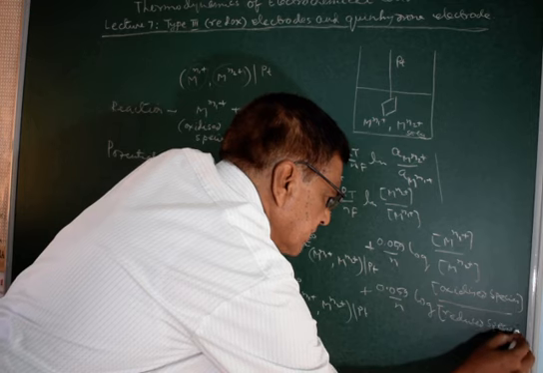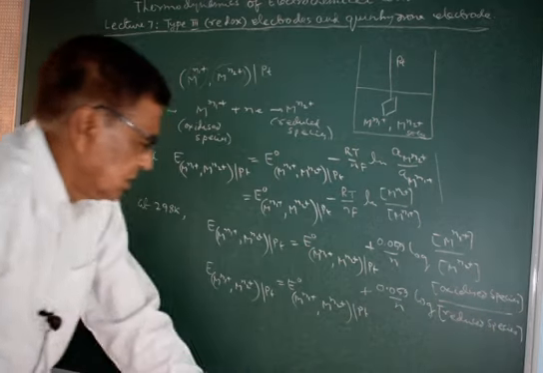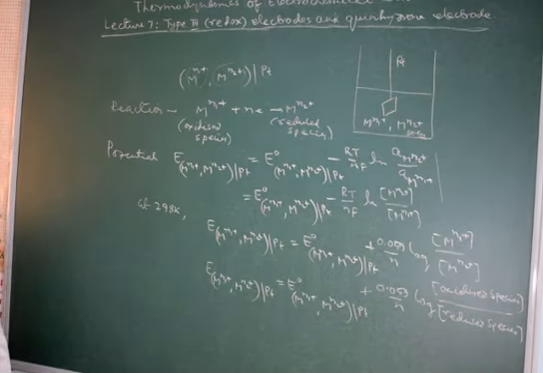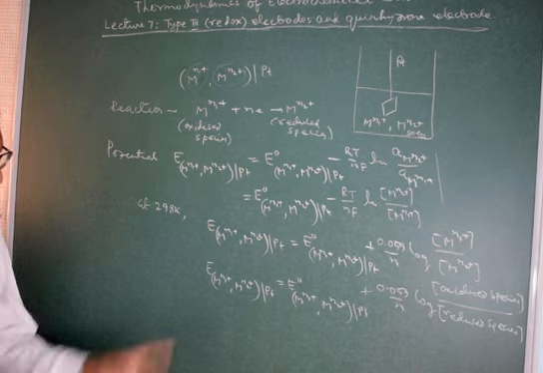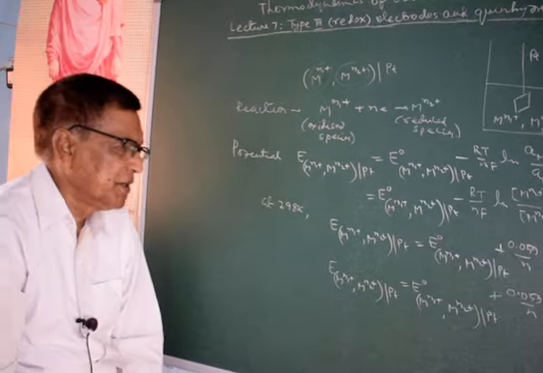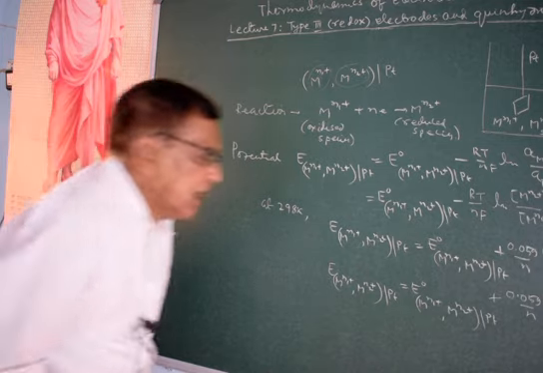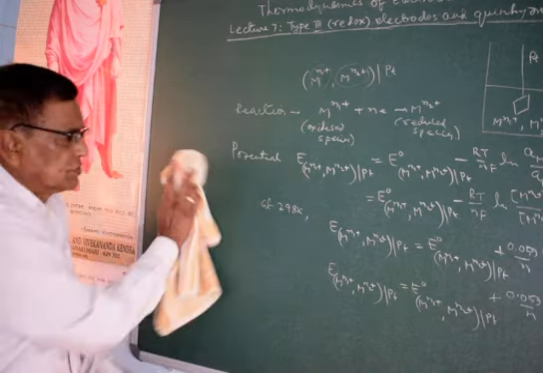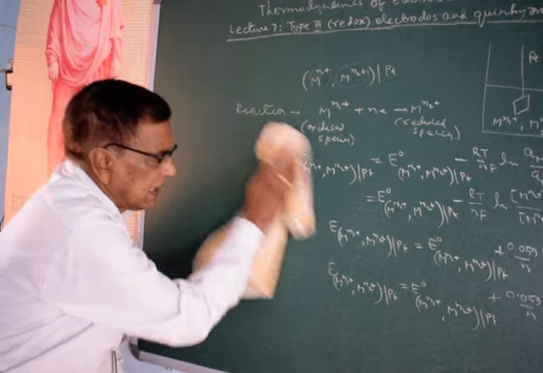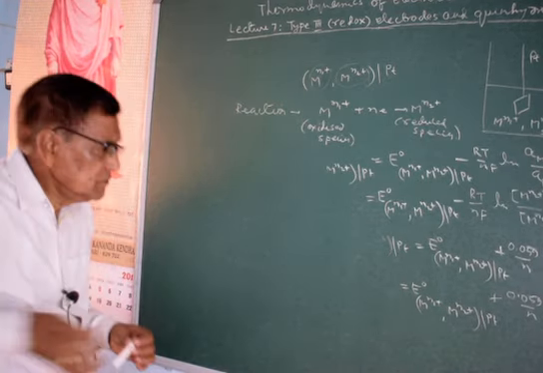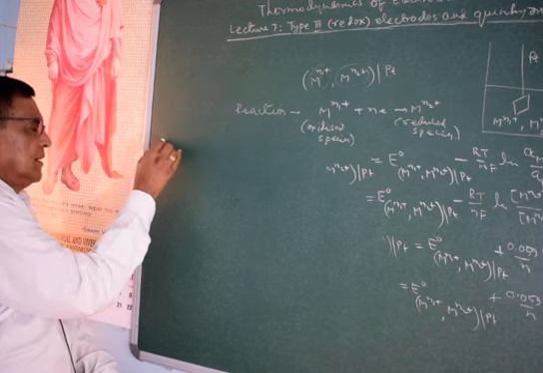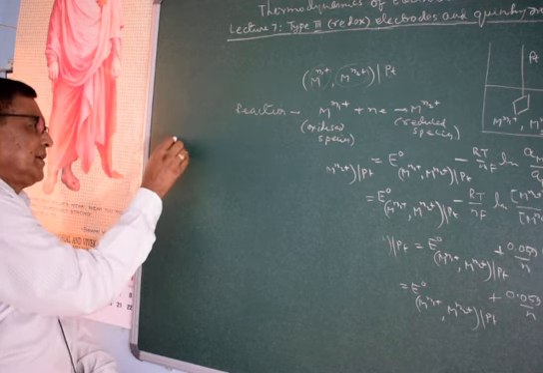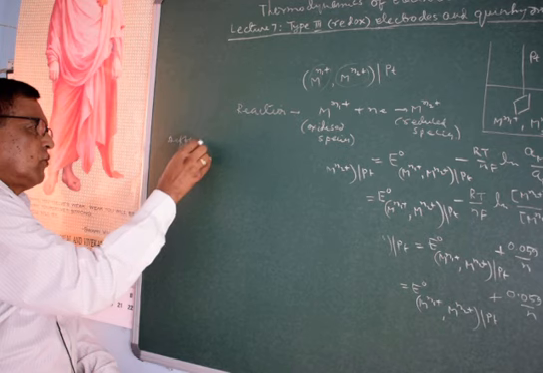So this is the general form of the expression for the potential of this redox electrode, and these electrodes are of different forms.